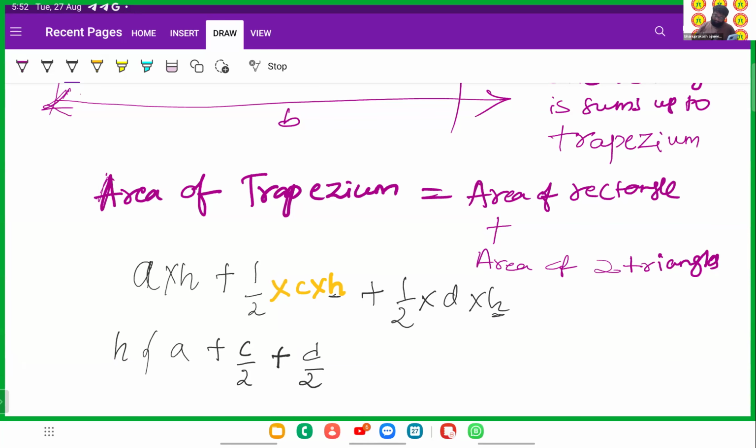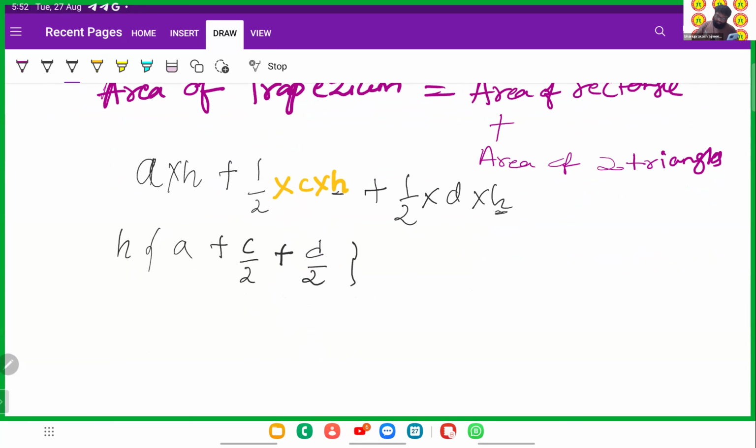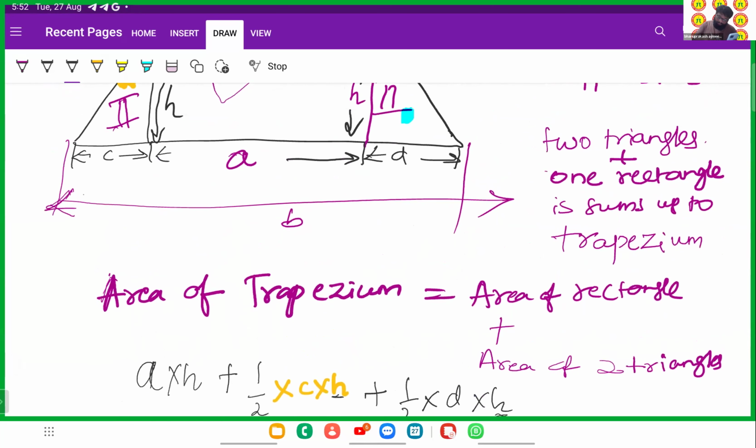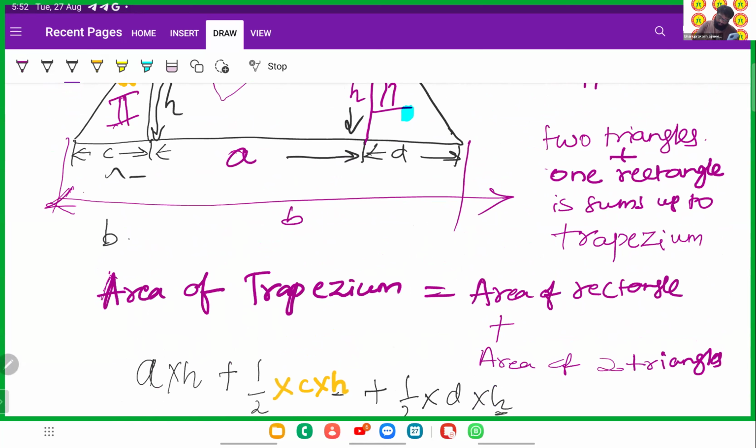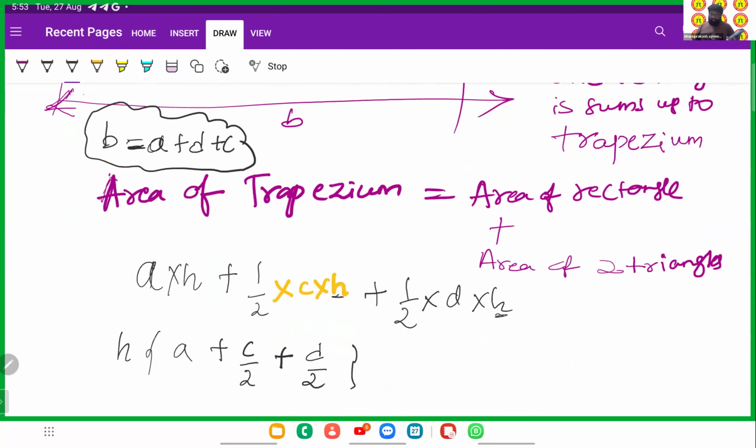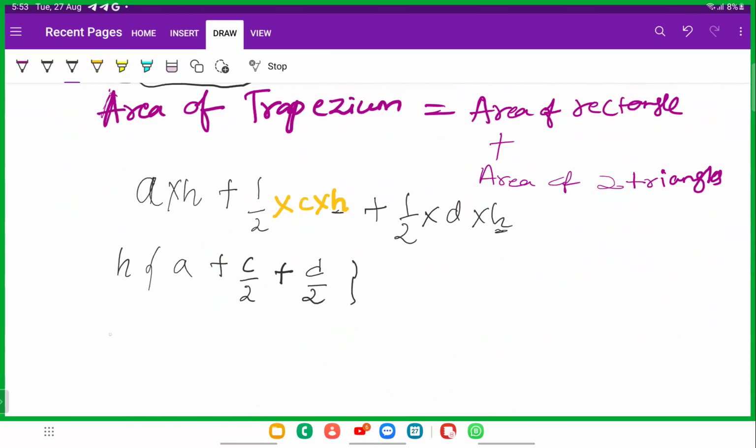Now, you know that B is equal to A plus D plus C. Correct or not? Yes, sir. Any confusion, students? No.